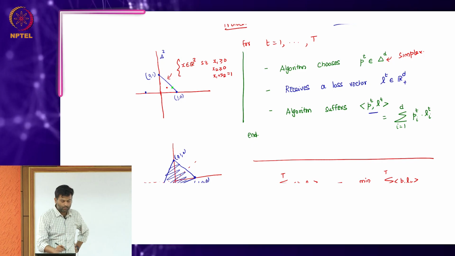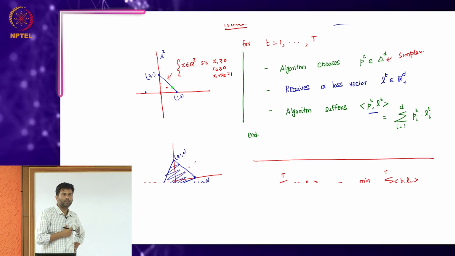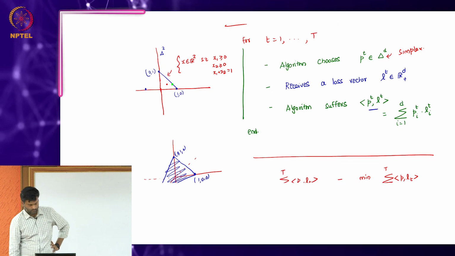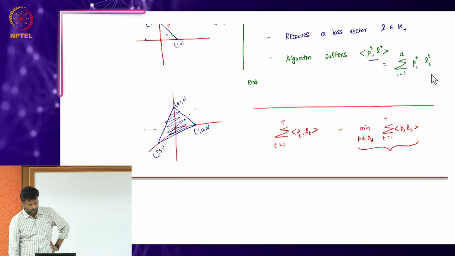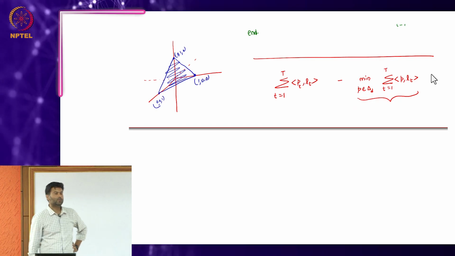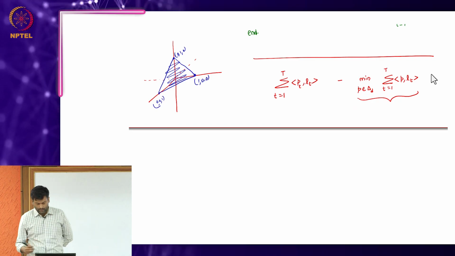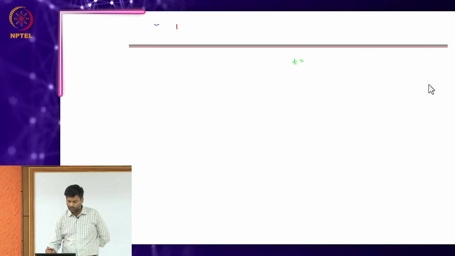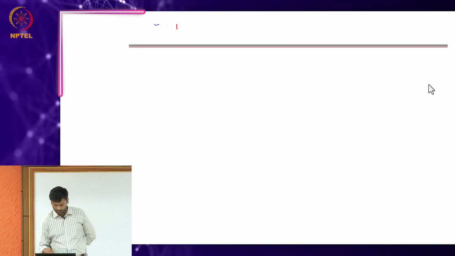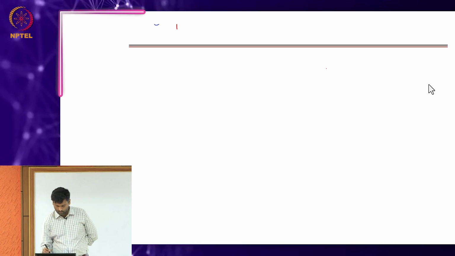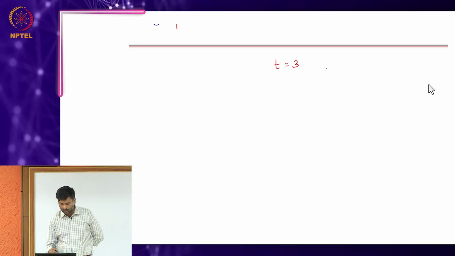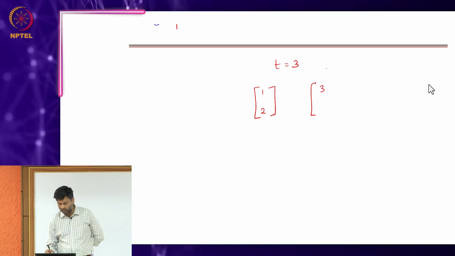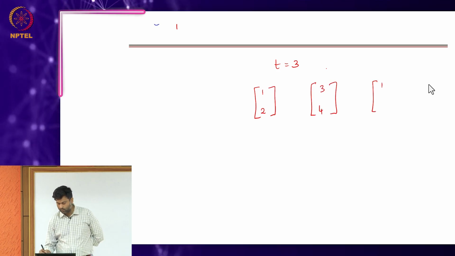Can this point be the best possible point? How would you think about this? So, let's quickly think of an example. Let us say T is 3, first round I got 1 2, second round I got 3 4, third round I got 1 3.